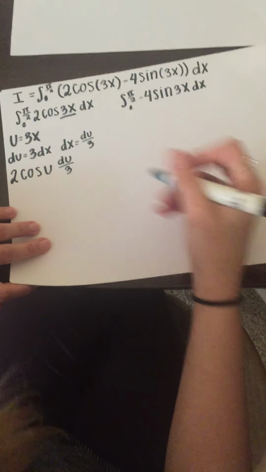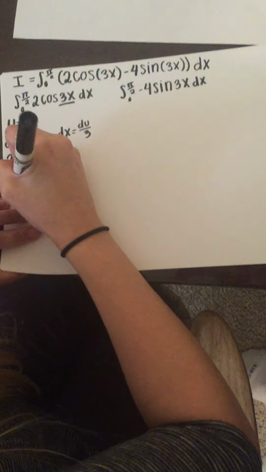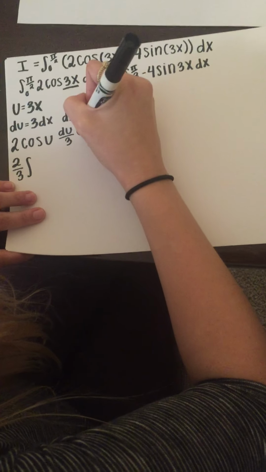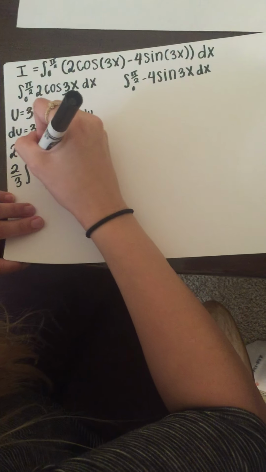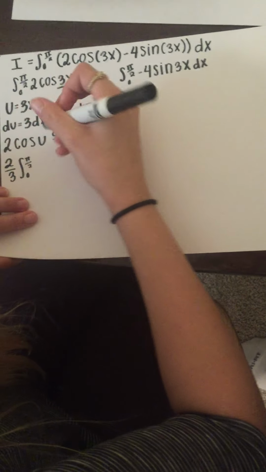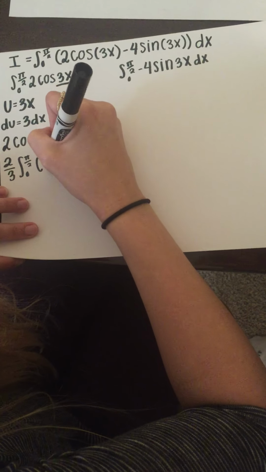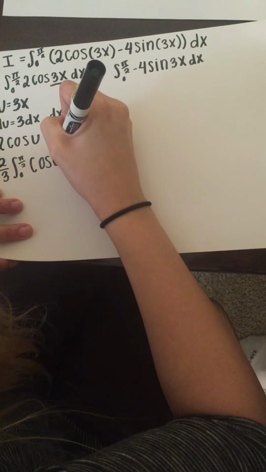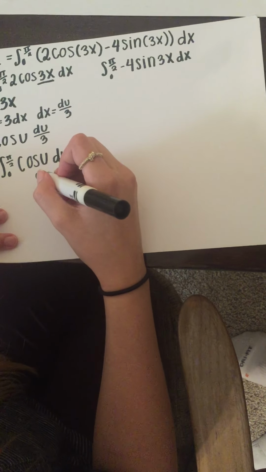And then we're going to take our 2 and our 3 to the side and have our integral from 0 to pi over 2 of cosine u du.